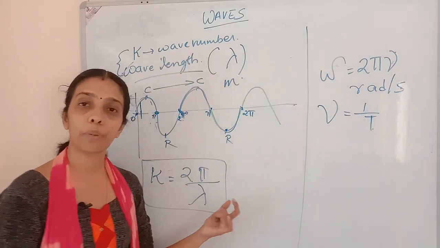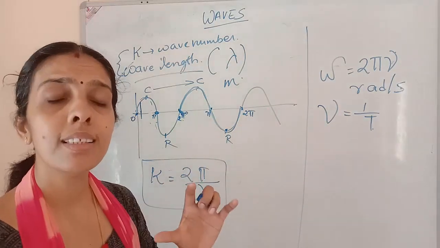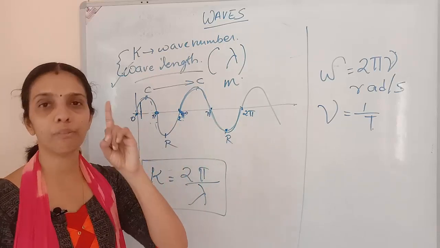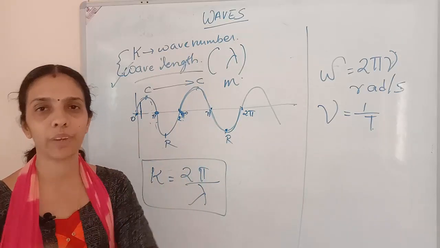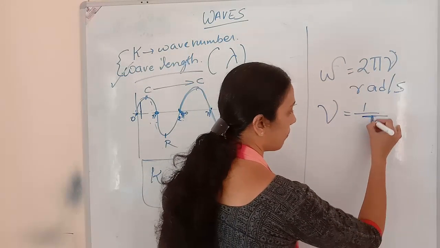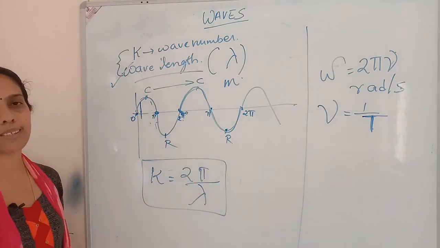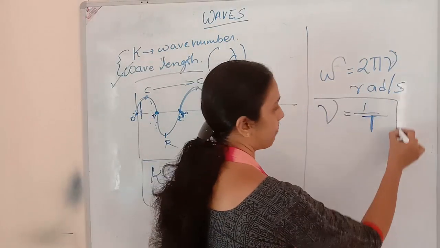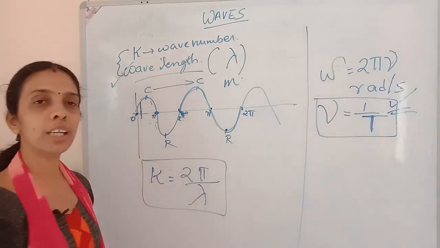As we told in the previous oscillation chapter, period is the time required for the movement of one wave. Period means the time required for the movement of one wave. Nu equals 1 by t.